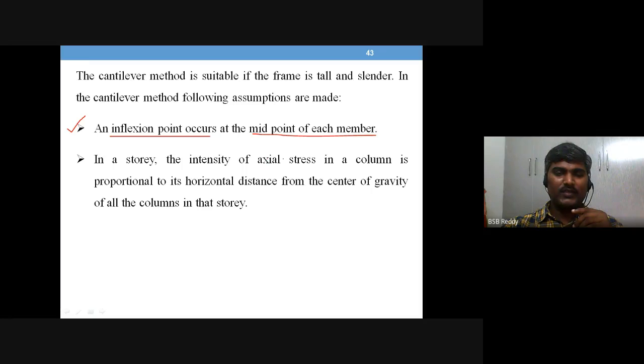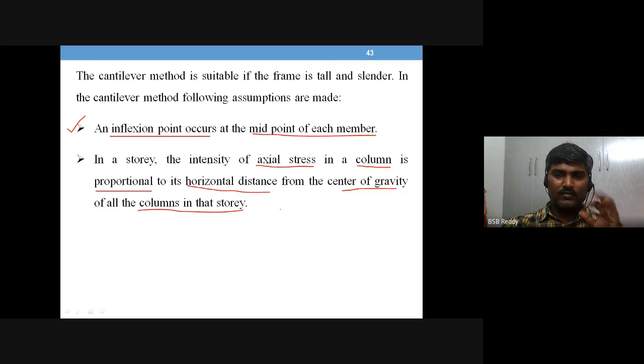So what is that? You clearly observe here, the axial stress intensity, the axial stress value in a column, is proportional to its horizontal distance from the CG of all the columns in that particular story.